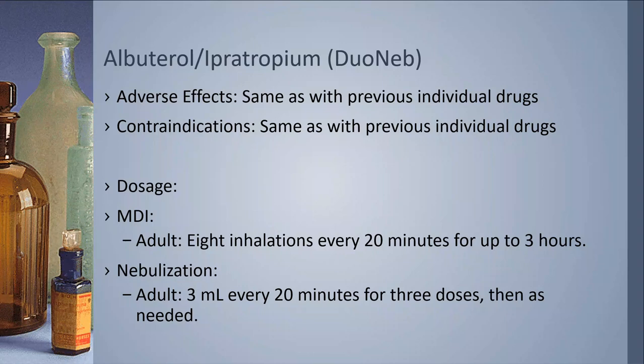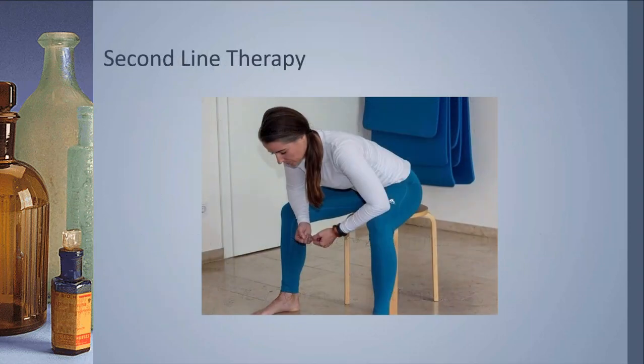But more likely what you're going to do is take 3 mLs and put it into a nebulizer with about 2 to 5 milliliters of normal saline and allow the patient to breathe through that until the steam, it's actually not steam, it's an aerosol, it's very, very cool, which is good for the patient, until that aerosolization has gone away.